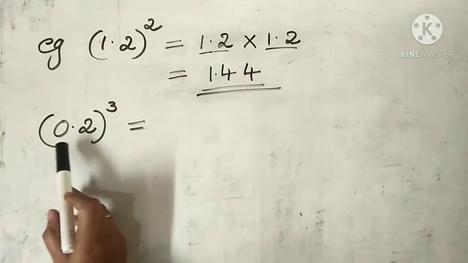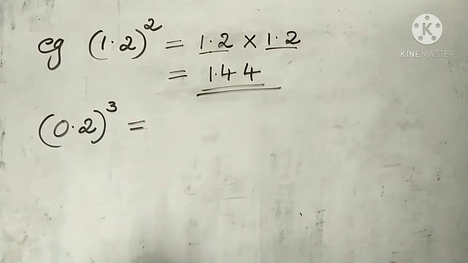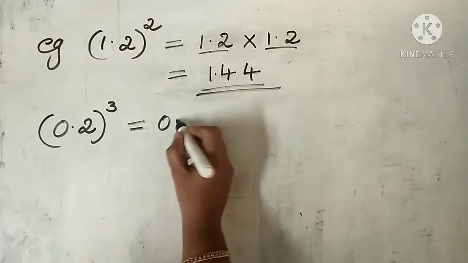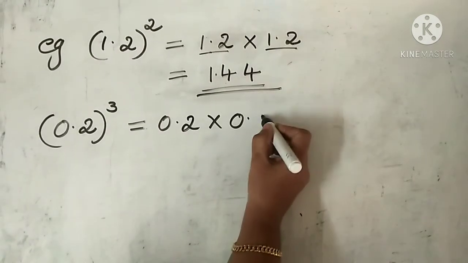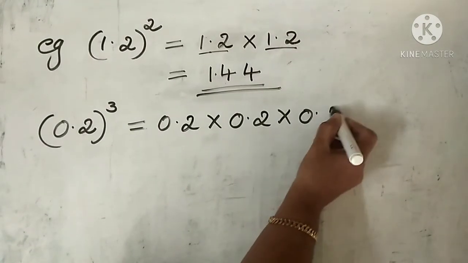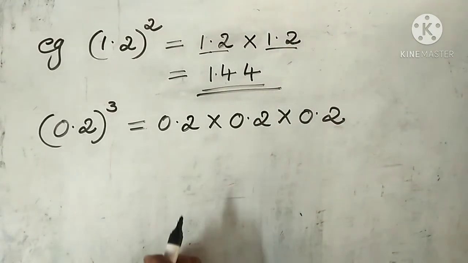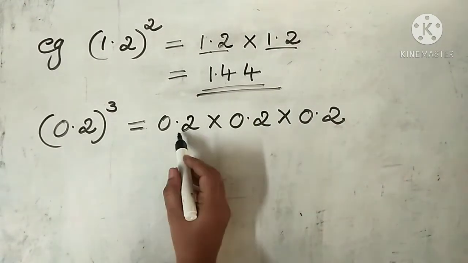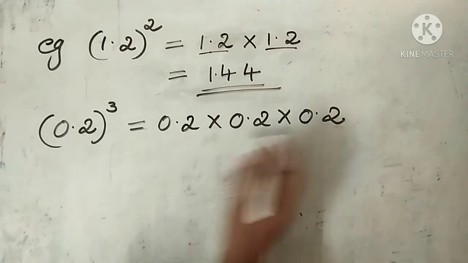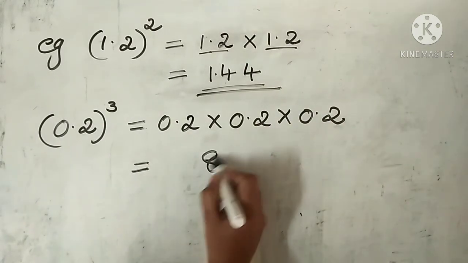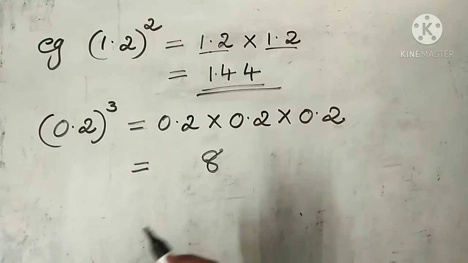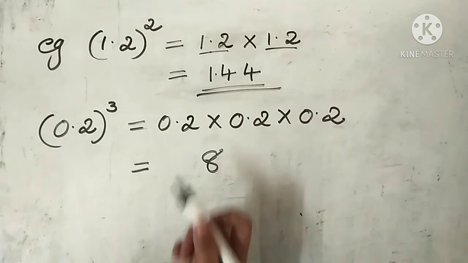Another example, 0.2 whole raised to 3. Here we have to multiply 0.2 3 times. So we write 0.2 into 0.2 into 0.2. Here also we forget about the decimal point and just multiply the numbers. 2 2s are 4, 4 2s are 8, equal to 8. Now count how many numbers are there after the decimal point.